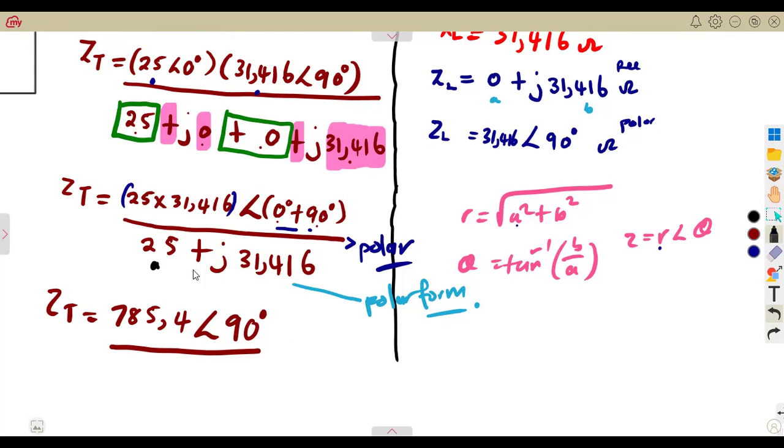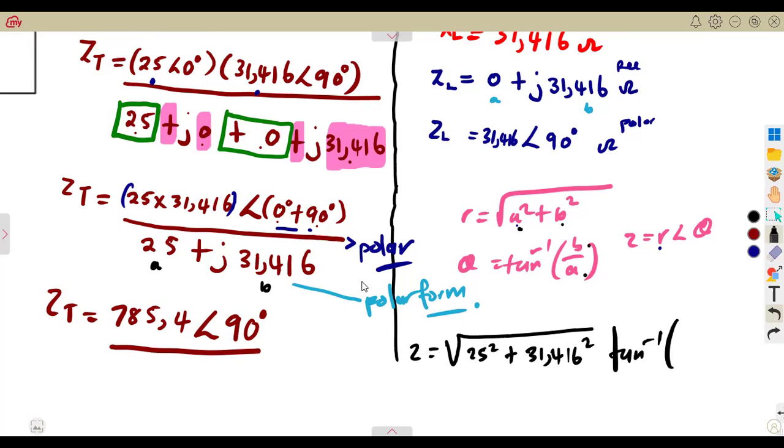This is your A, this is your B. So we have the square root of 25 squared plus 31,416 squared, then arctan of B over A, that is 31,416 over 25. So that's our Z there.